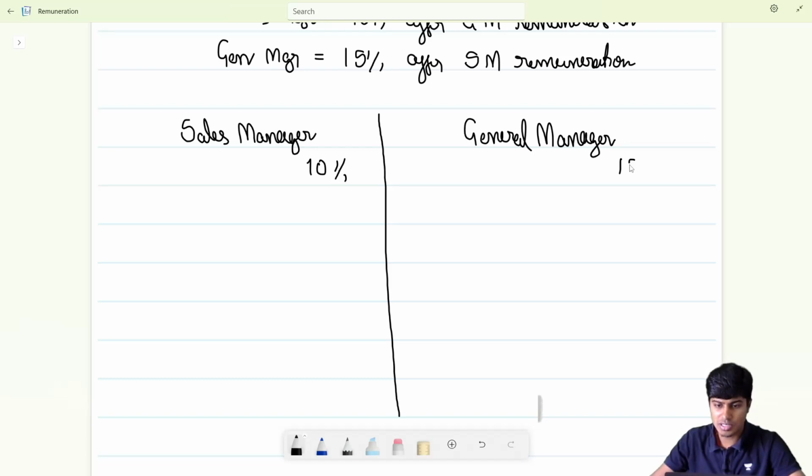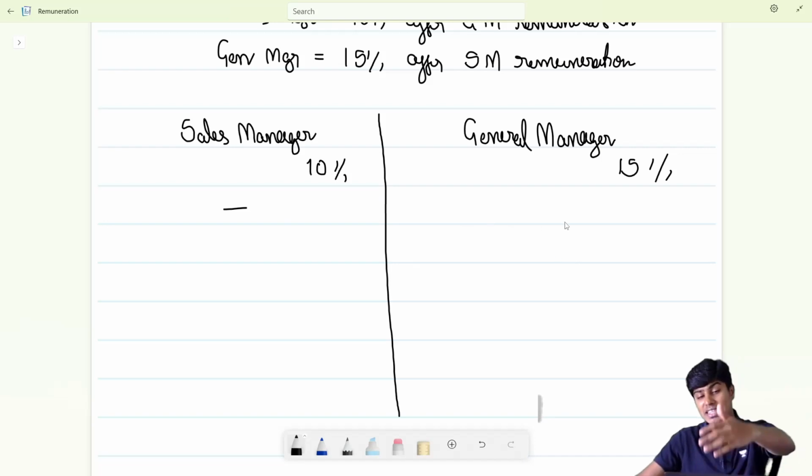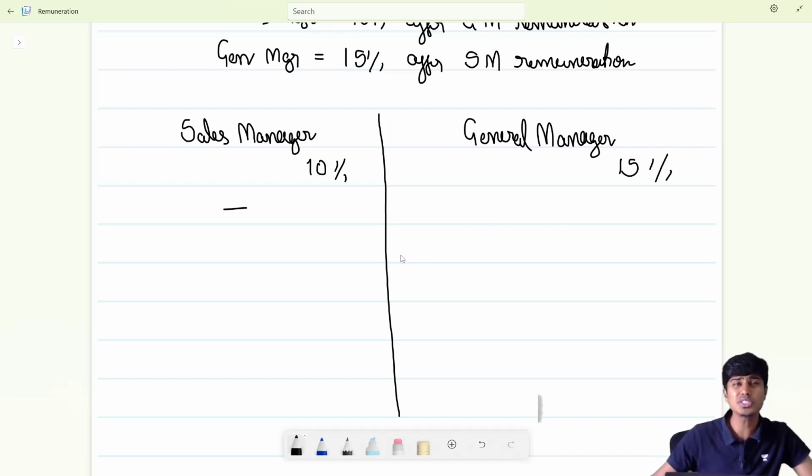Assuming the profit to be 1 lakh, we have to start at one point. I'll assume my sales manager's remuneration to be 0. If sales manager's remuneration is 0, then it is very easy to compute the general manager's remuneration. One has to go first. This guy says I'll take after this guy, and this guy says I'll take after this guy. Both of them want to go second. Weird case. So what am I going to do?